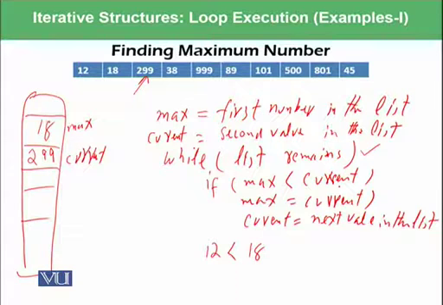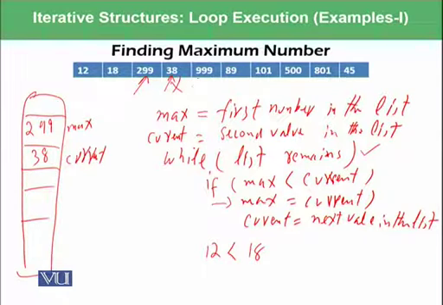So 299 is assigned to max using this statement, so 299 comes to max, and current is moving to the next location, which is 38. Then the loop condition is correct again, and it checks if max is less than current. So 299 is less than 38, the condition is false, so it leaves this position.